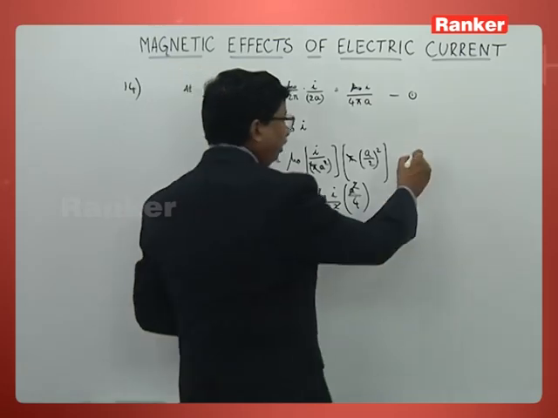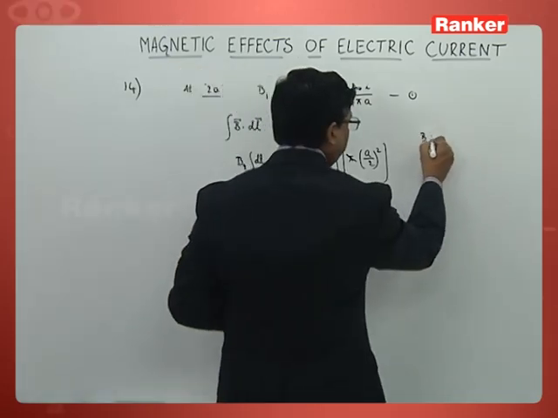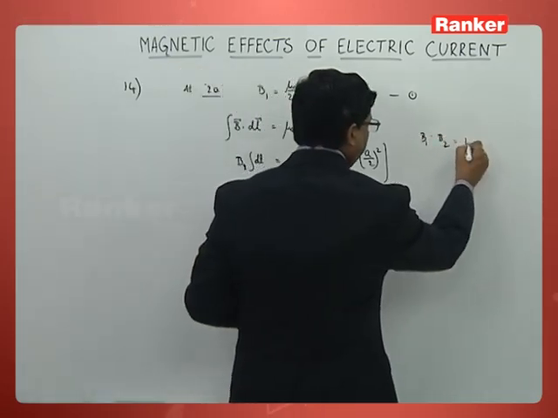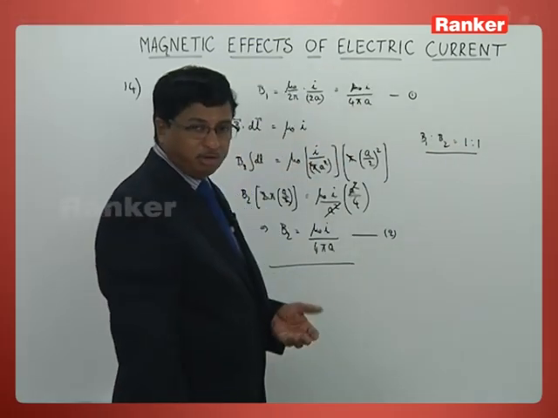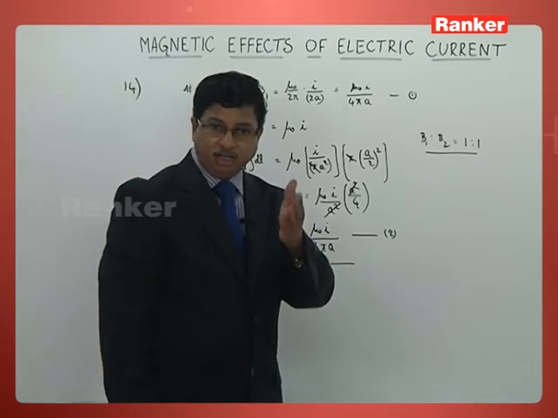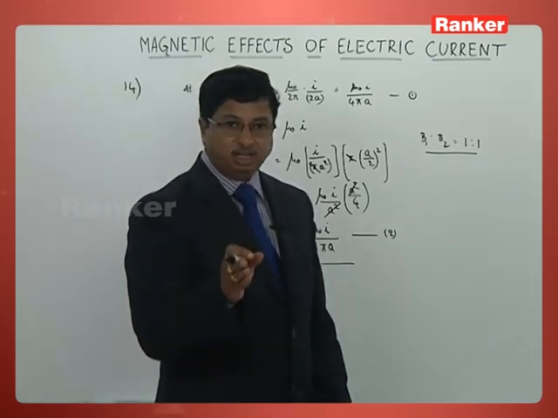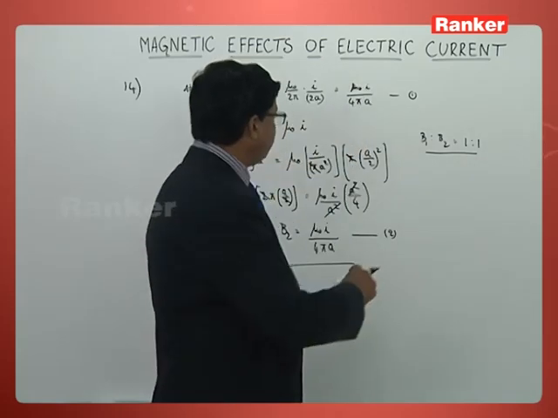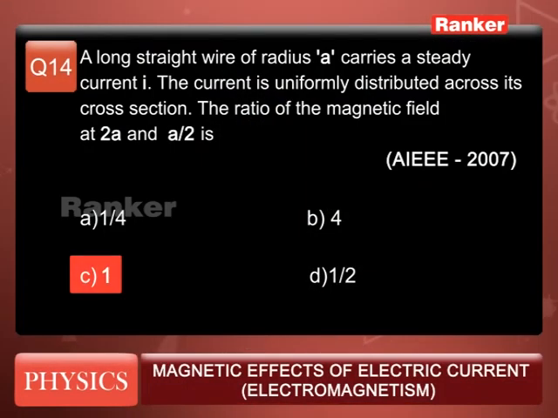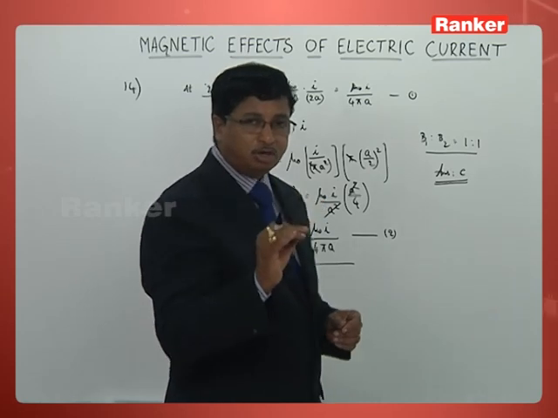Then what is the ratio? That is the question he is asking. Simply speaking, 1:1. If you divide B1 by B2, you will get 1. That is the option C he has mentioned in the problem. So the correct option is C, the answer for this question. One of the best models.